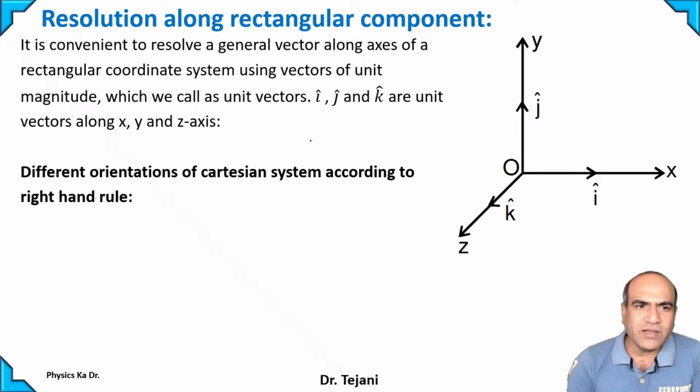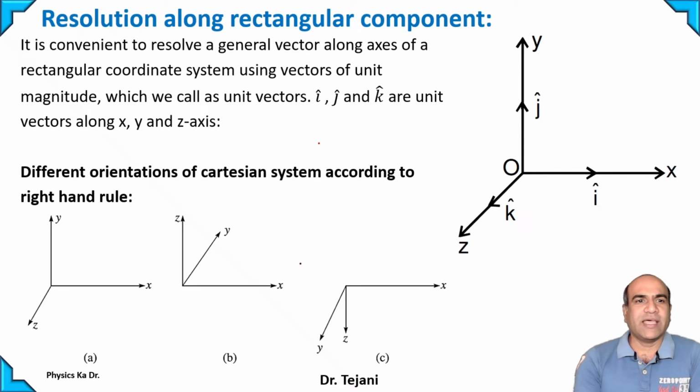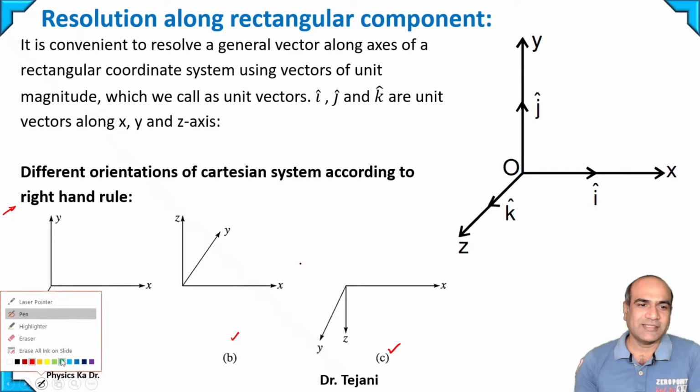There are different Cartesian coordinate systems according to the right hand rule, and we will also understand what the right hand rule is. In general, we mostly use system A. B is also available as well as C, but mostly we go with A as the Cartesian coordinate system.